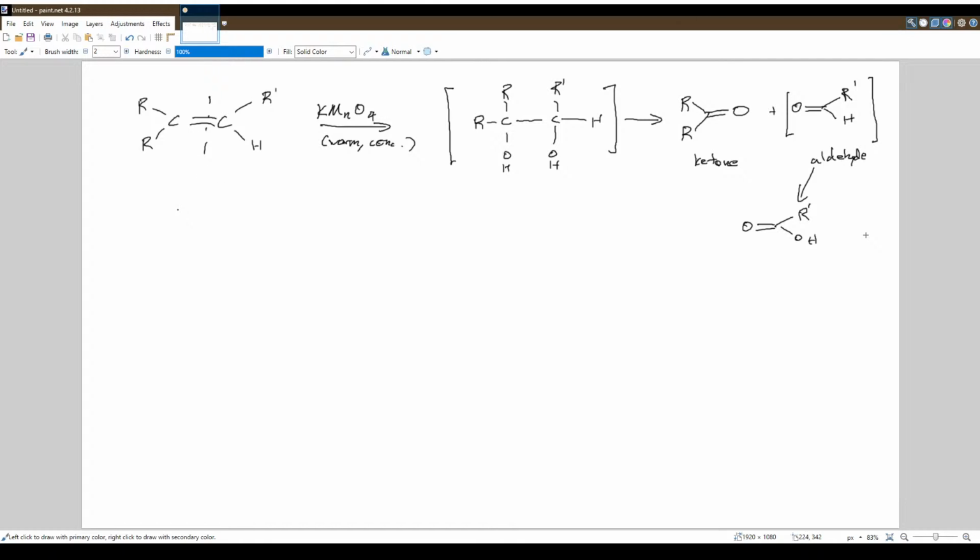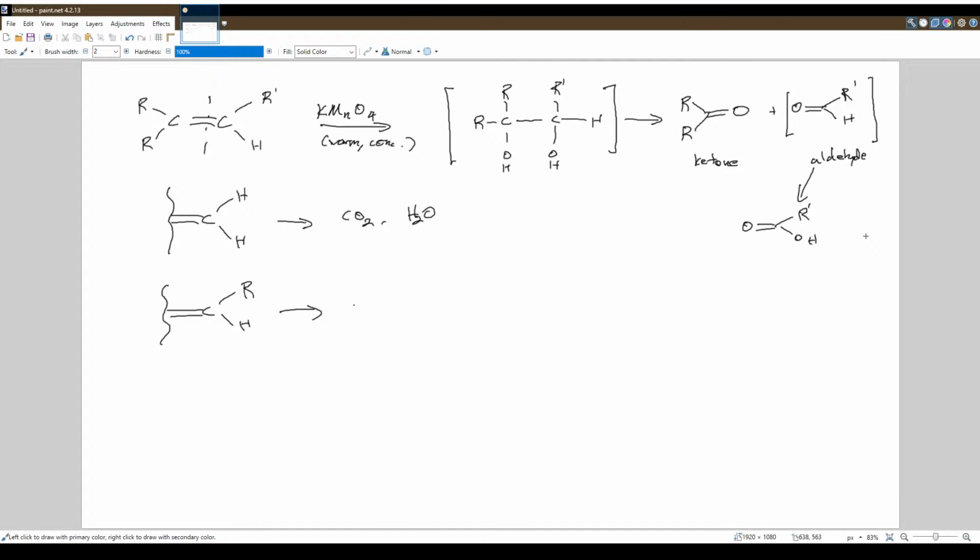So I have a sort of cheat sheet on what certain groups will turn into. This CH2 group will be completely oxidized to carbon dioxide and water. An aldehyde group, or I don't know what you call these things. Is it an aldehyde group? I think so.